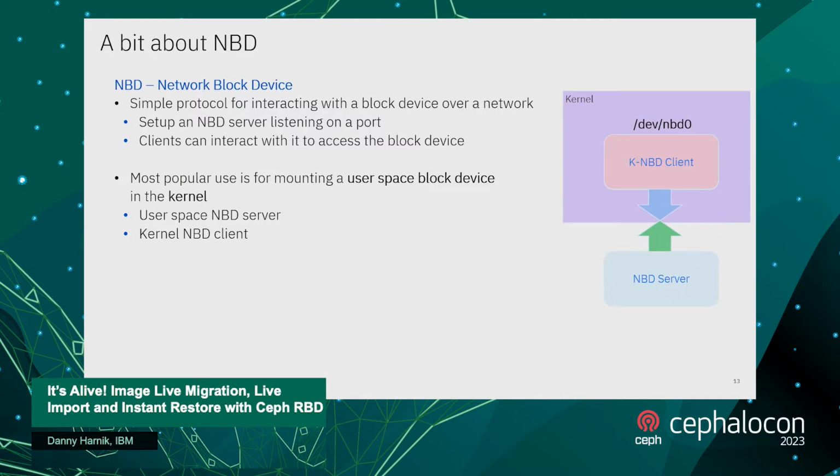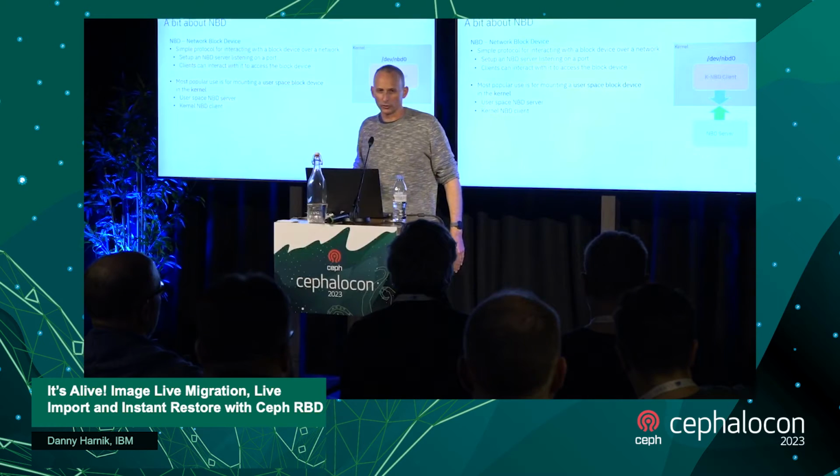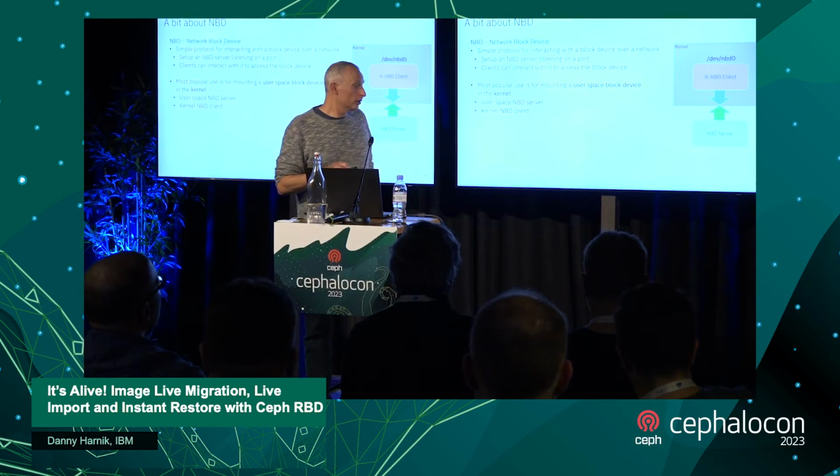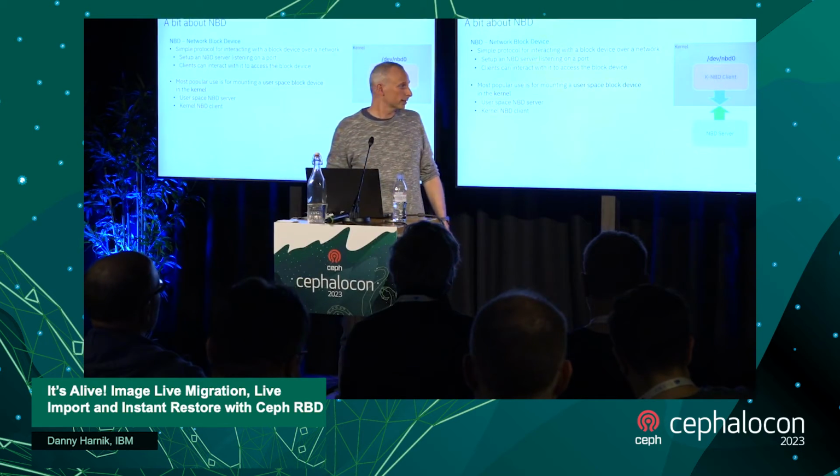So we don't have a FUSE for block devices. Rather, what people do is create a user space NBD server. There's a KNBD client sitting in the kernel that can then expose your block device as a local device mounted on your machine. So that comes in handy, and there's examples of this.